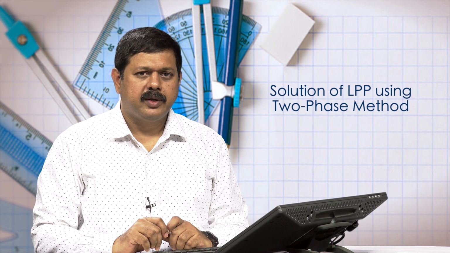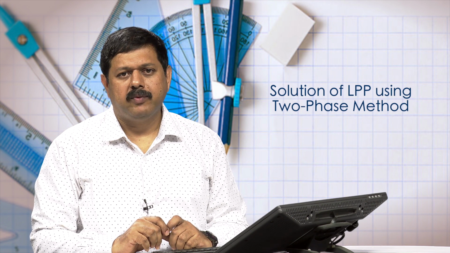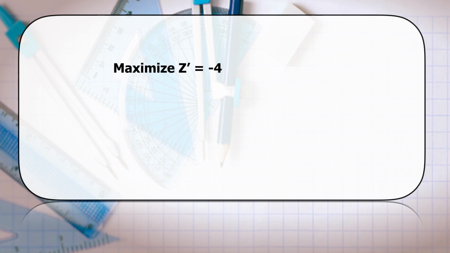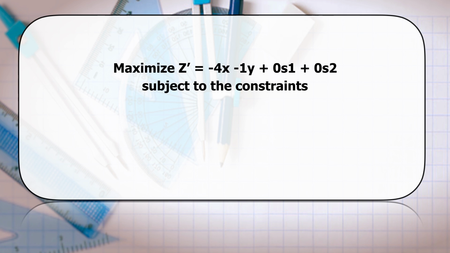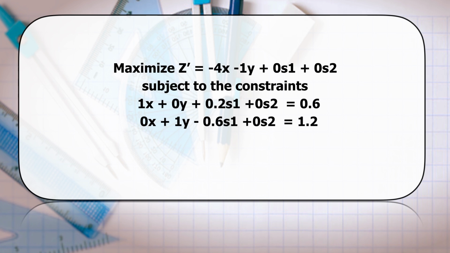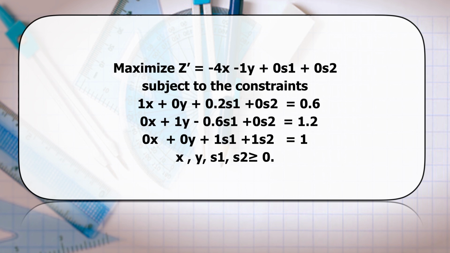Writing the entries of the table in the LPP form, we get maximize z' = -4x - 1y + 0s1 + 0s2 subject to the constraints 1x + 0y + 0.2s1 + 0s2 = 0.6, 0x + 1y - 0.6s1 + 0s2 = 1.2, 0x + 0y + 1s1 + 1s2 = 1, where the variables x, y, s1, s2 are all greater than or equal to 0.